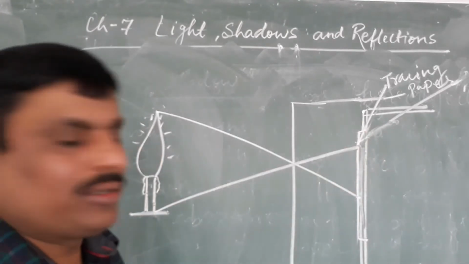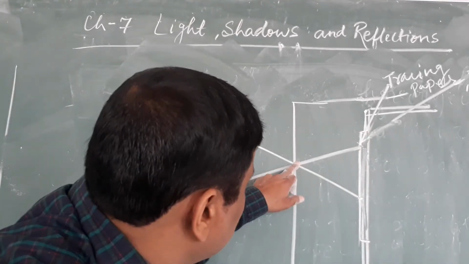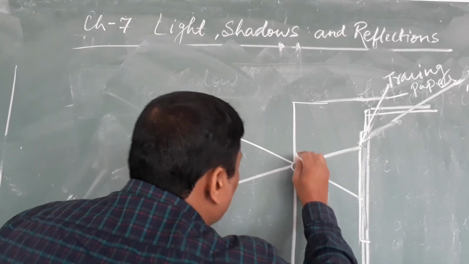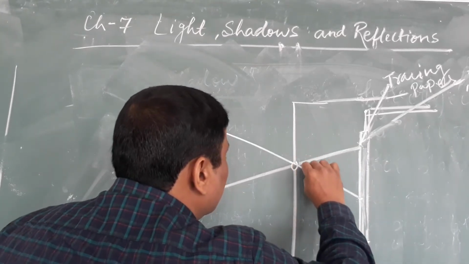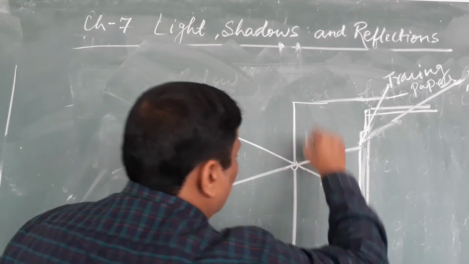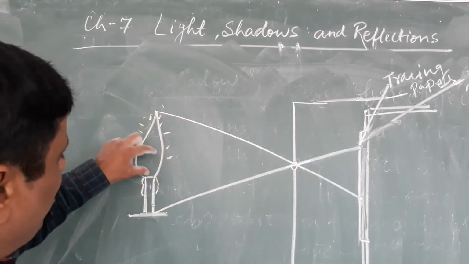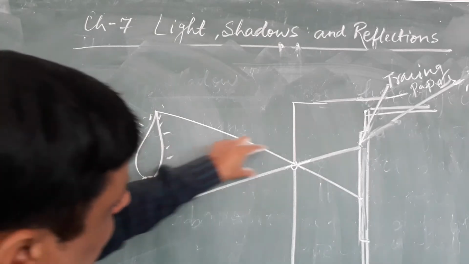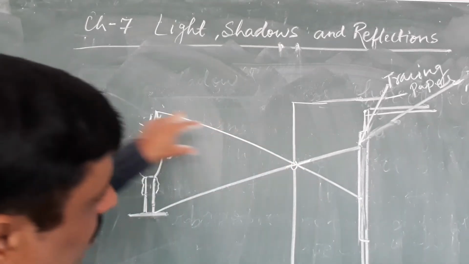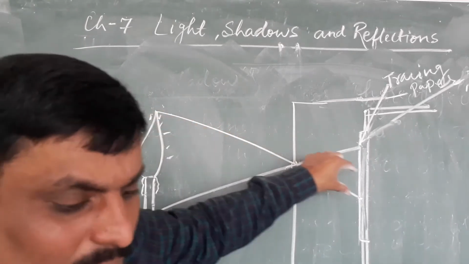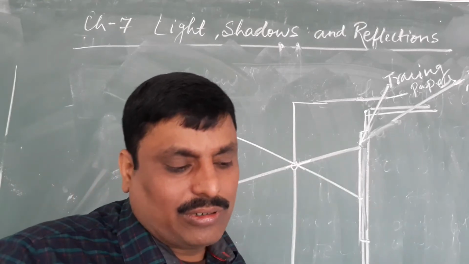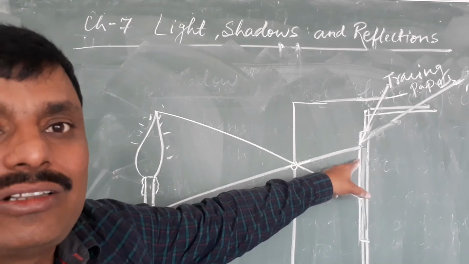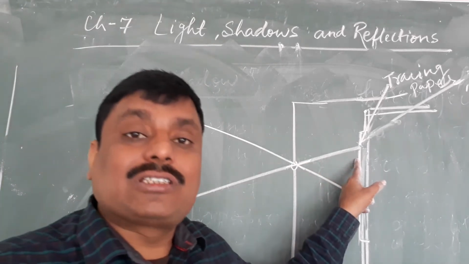In the first cardboard, you will have to make one hole here. This is your hole. The light of the candle will pass through that hole. That helps you form the image of the candle, but that one must be inverted.